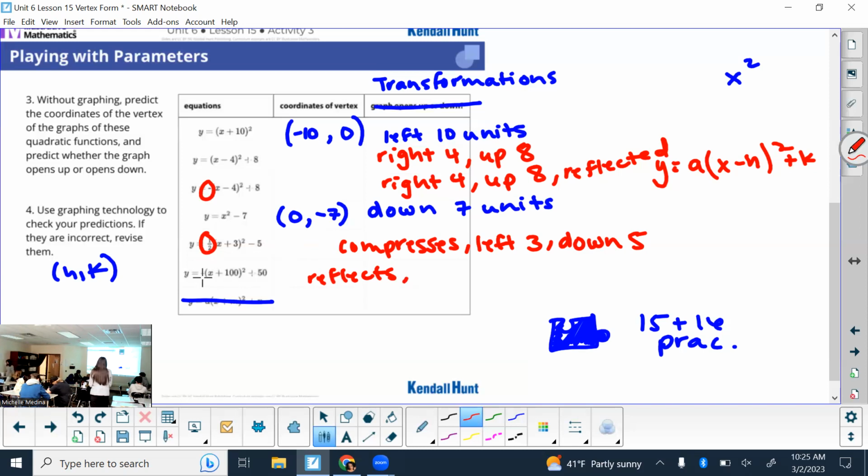Does it move left or right? Left. 100. I know, H is the hard one. I think if it looks right, meaning it looks negative, it moves to the right. If it looks wrong, meaning it looks positive, it moves to the left. Or just plug it in your Desmos and see. And then what about if it's plus 50 for the K? Is it moving up or down? 50.